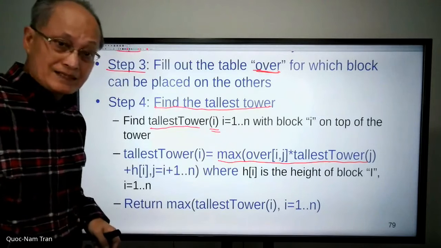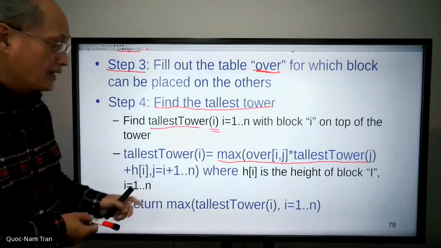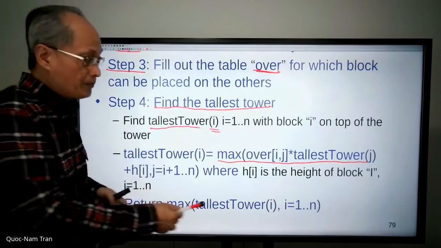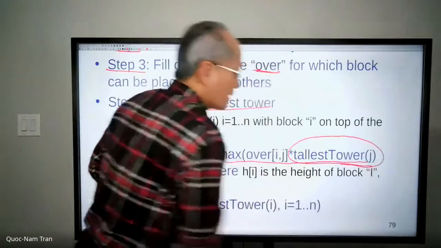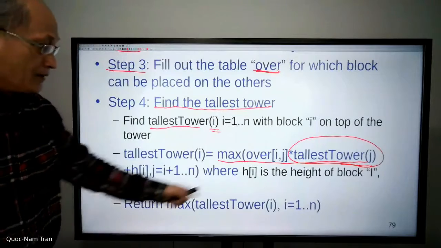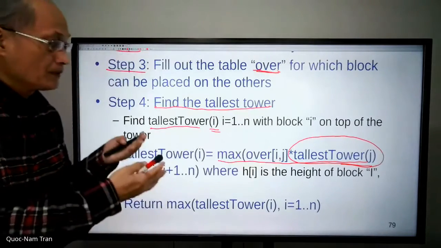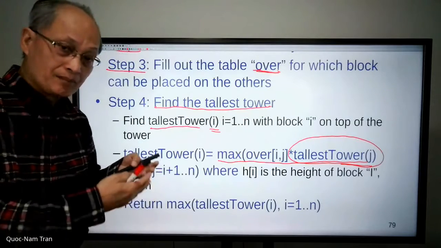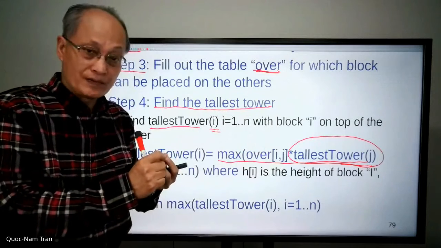If it is, then the height of the tower will be the height of the block I plus the recursive value of tallest tower J, right? We multiply with over[I][J] because if it cannot be placed, meaning over[I][J] is 0, right?